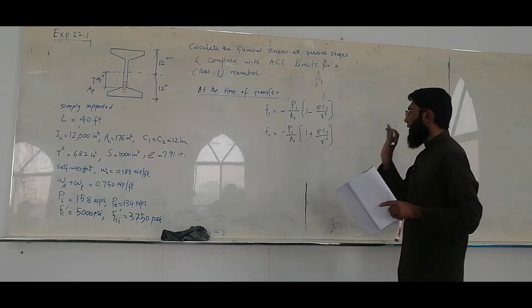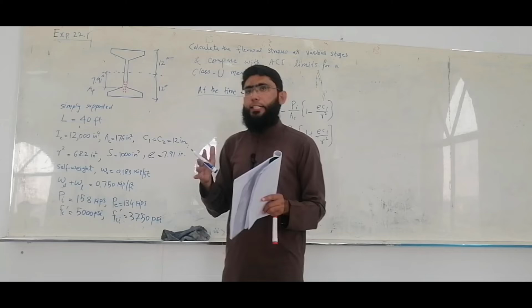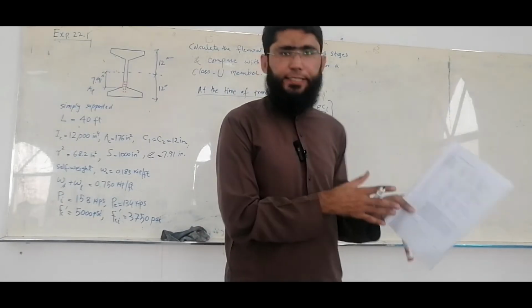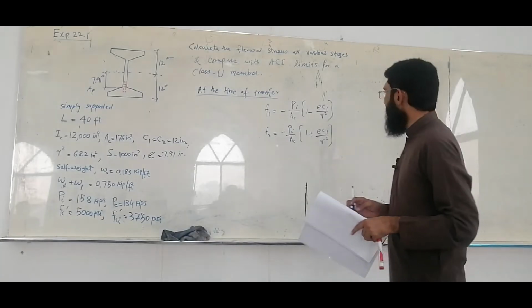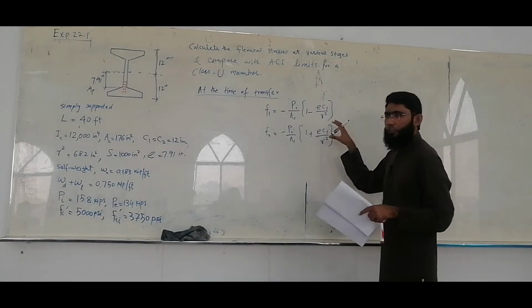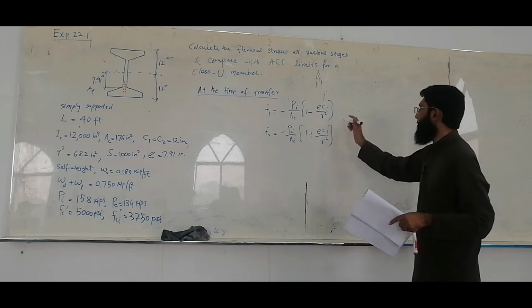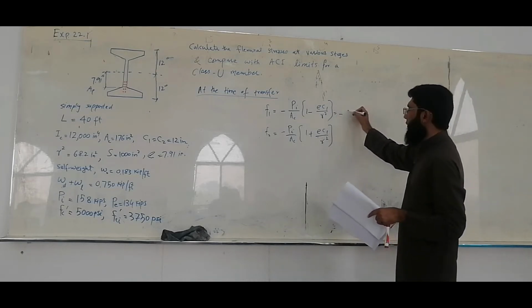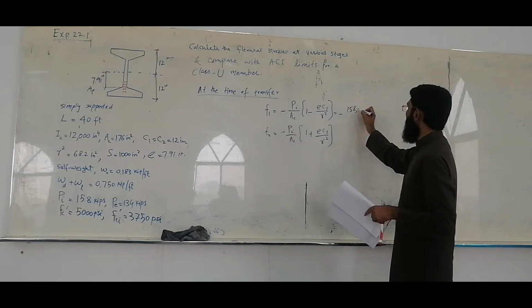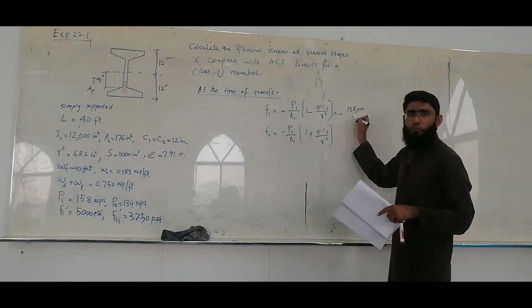So we need to consider 2 locations at the time of transfer. One is the ends of the simply supported member, and the other is the midspan. So let's first calculate these stresses. Minus Pi is 158 kip. I'm going to write 158,000 pound.